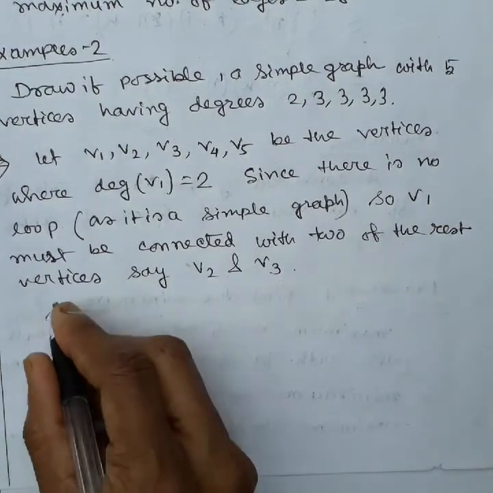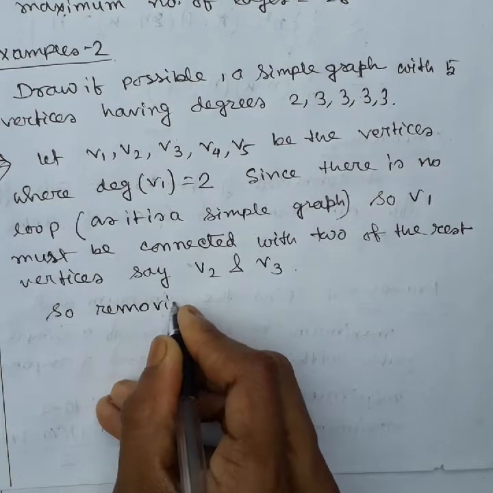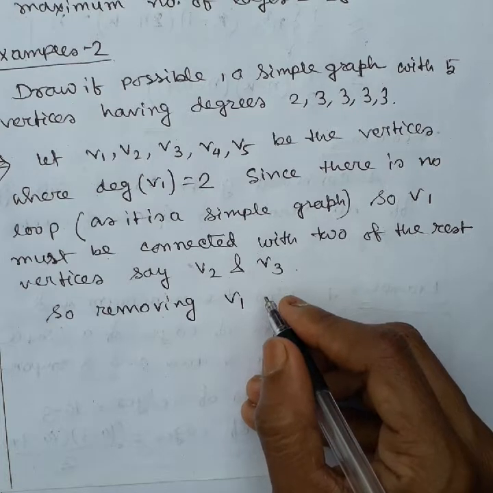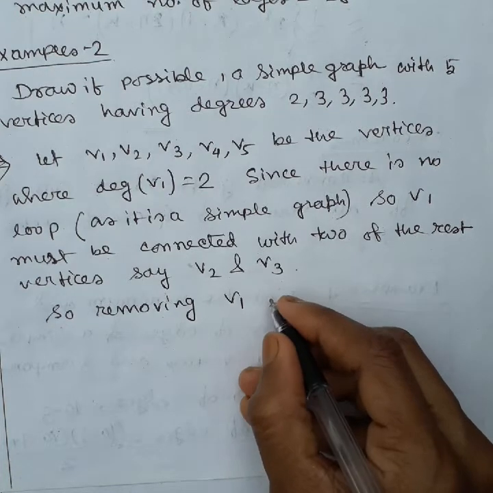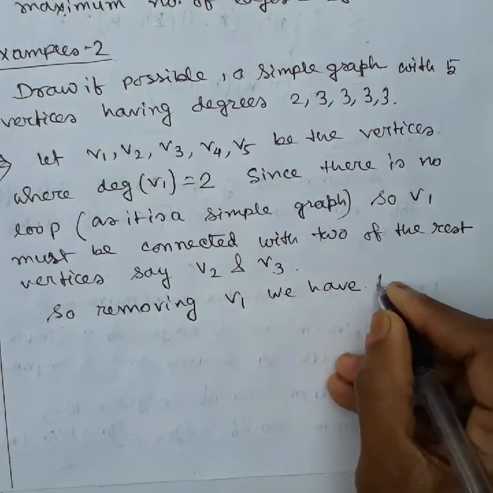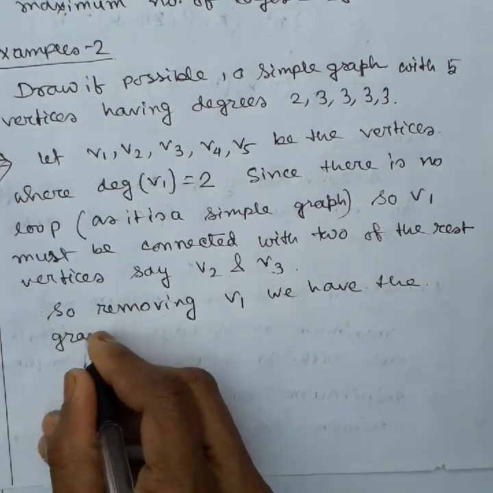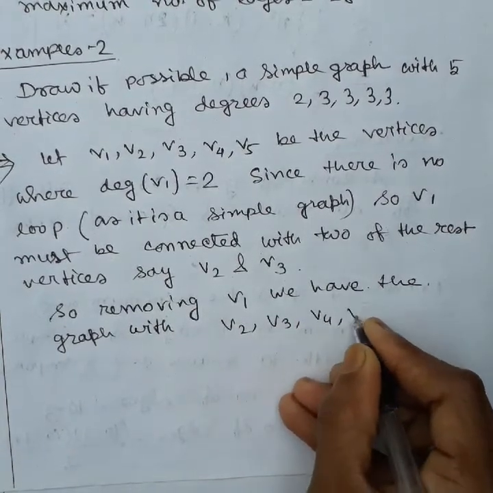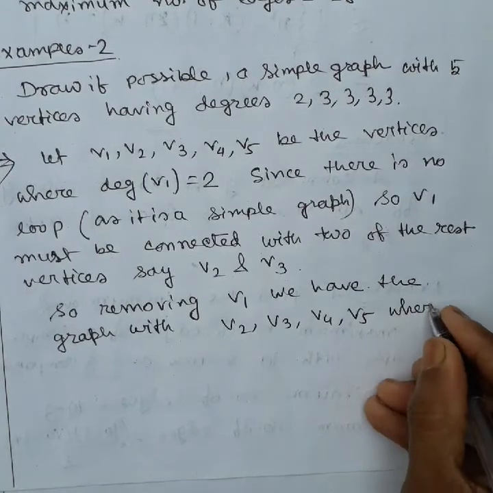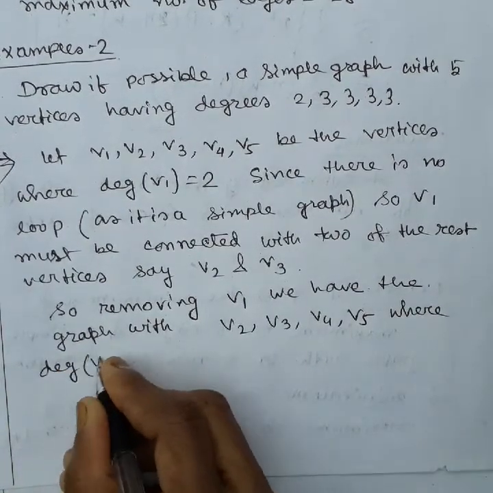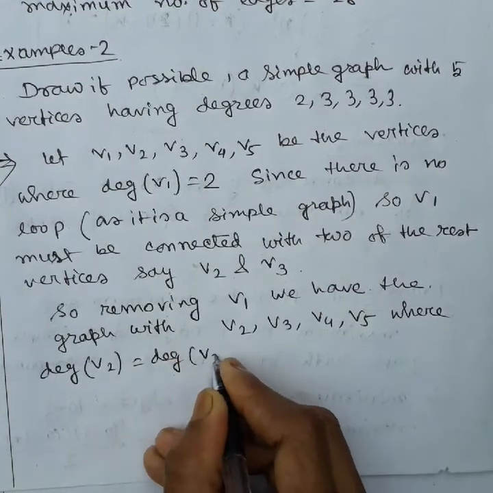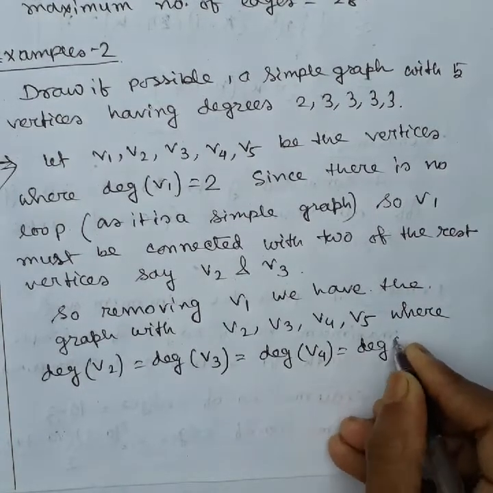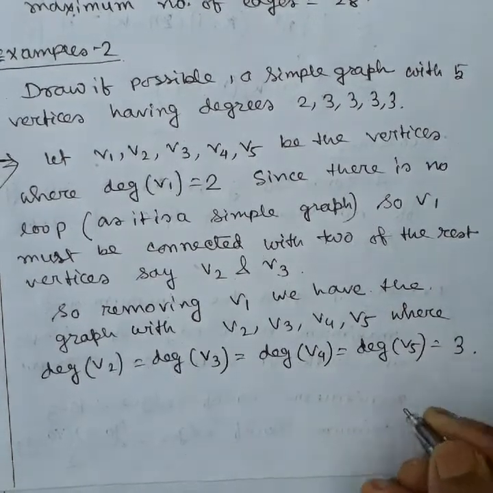So removing V1 with all its incident edges, we have the graph with V2, V3, V4, V5 where degree of V2 is equal to degree of V3 is equal to degree of V4 is equal to degree of V5 is equal to 3.